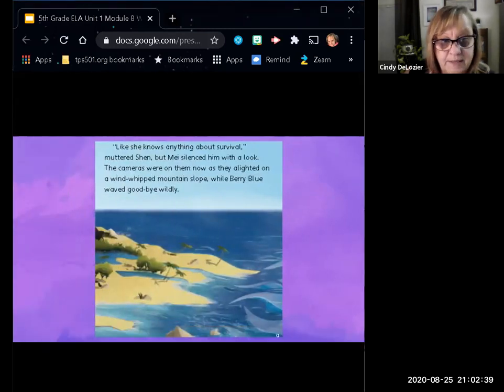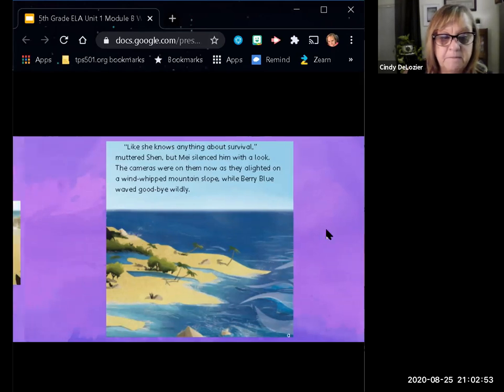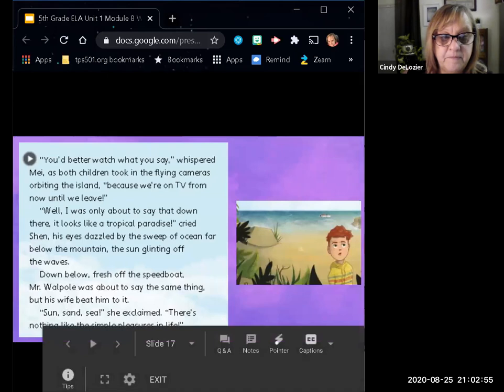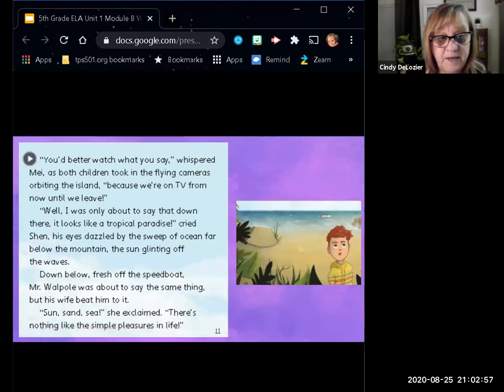Like she knows anything about survival, muttered Shen, but May silenced him with a look. The cameras were on them now as they alighted on a wind-whipped mountain slope, while Barry Blue waved goodbye wildly. You'd better watch what you say, whispered May as both children took in the flying cameras orbiting the island, because we're on TV from now until we leave.